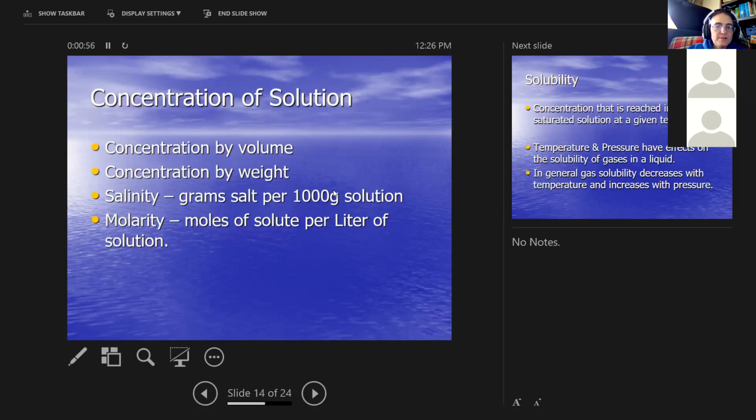We're not going to worry about that. Okay, so concentration of solution. We can do it by volume and by weight. Normally I have you do calculations of these, but we're just going to skip that. Salinity, yeah, we'll skip that. But molarity we've already encountered, so remember that, don't lose molarity. That's your moles of solute per liter of solution.